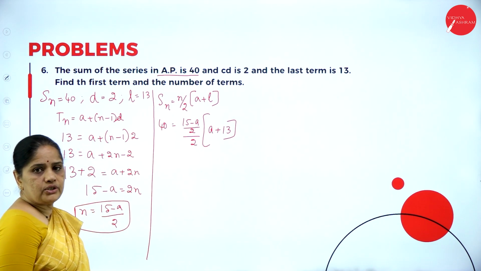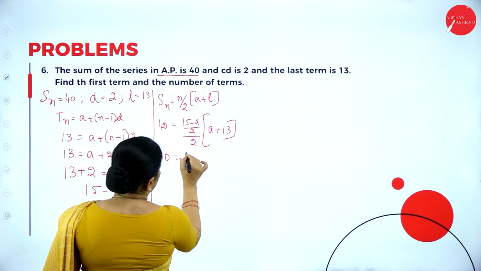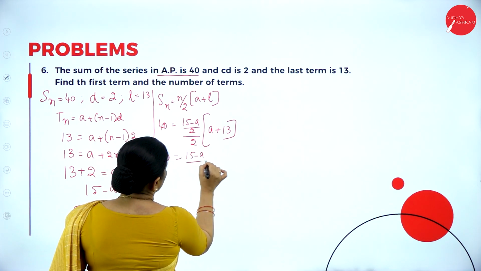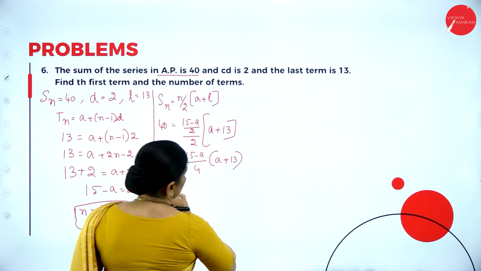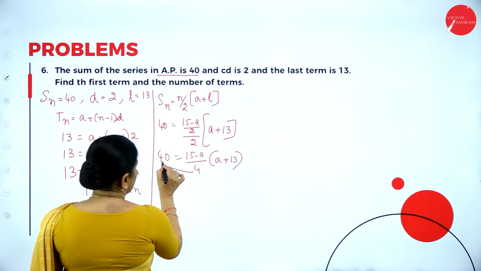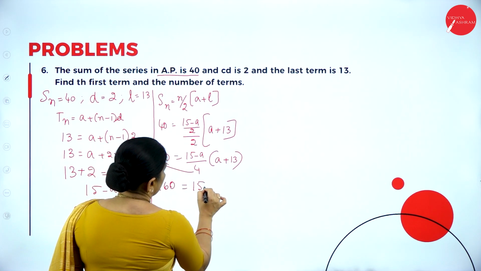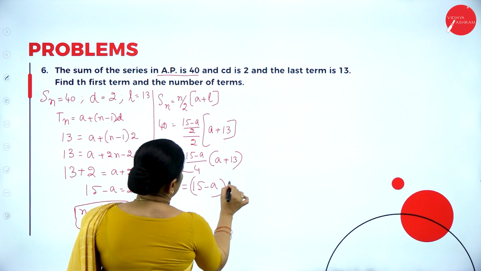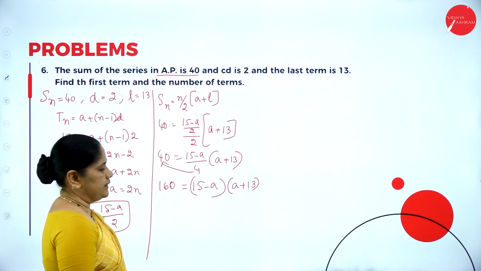I have just substituted the values here. So, 40 equals 15 minus A divided by 4 into A plus 13. So, 40 into 4, 160 equals 15 minus A into A plus 13.